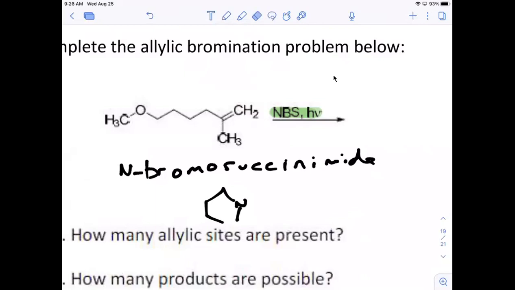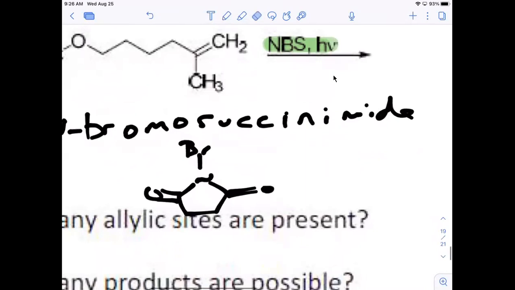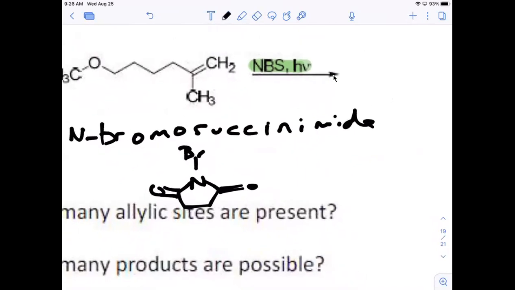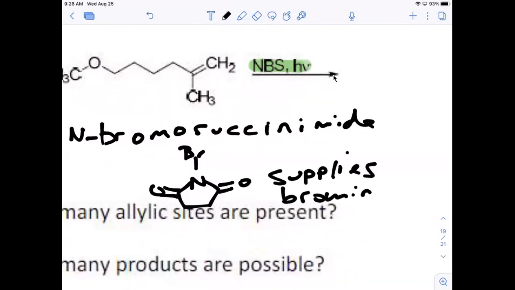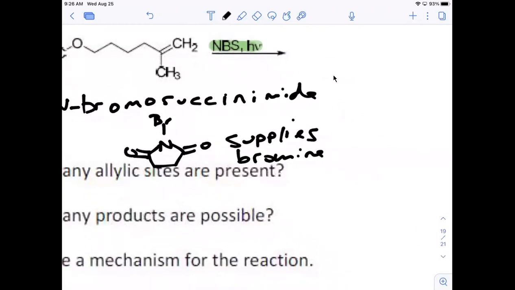We're going through a lot of hassle to draw this out, but in the end, the role of NBS is just to supply bromine. Right, that supplies bromine. So that's the role of that.